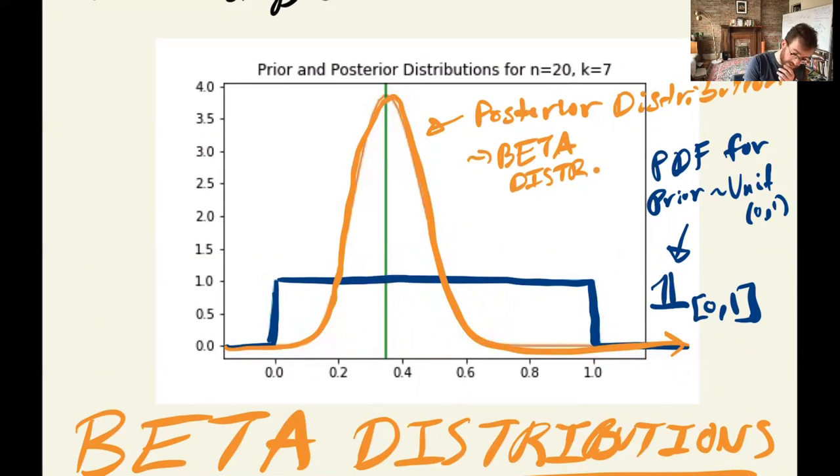So that's what this value right here is. This is 7 out of 20. And that, notice, is also the location of the mode of this distribution. And this goes exactly to this belief that once you take in data, you should guess the parameters for your distribution in a way that maximizes the probability of observing that data, which in this case is assuming that p equals 7 over 20.